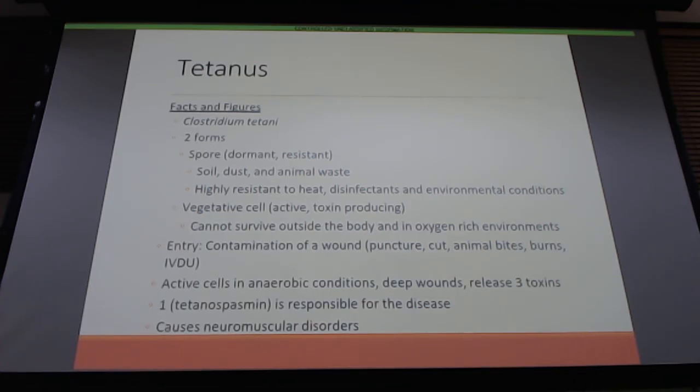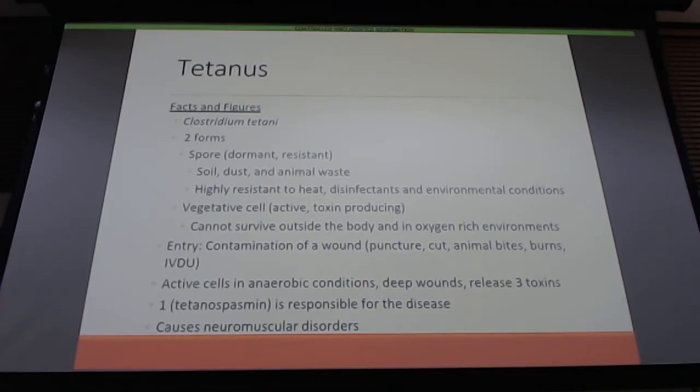So tetanospasmin blocks that. So if we block something that's supposed to help us stop our muscles from going, your muscles are going to continue to go and go and go. That's why these guys usually get lockjaw or spasms or seizures, because their muscles are not stopping. They're still being triggered. That's what that tetanospasmin does.